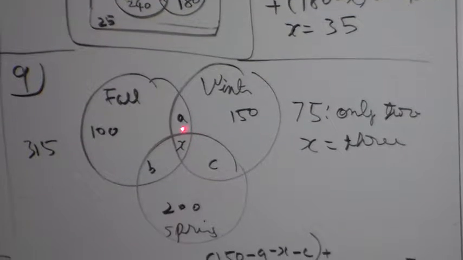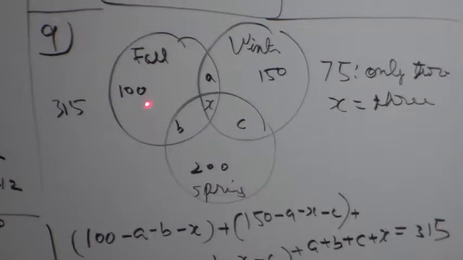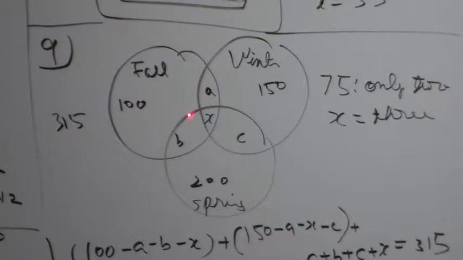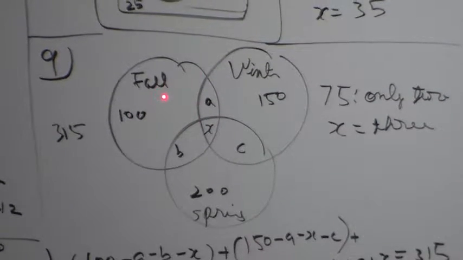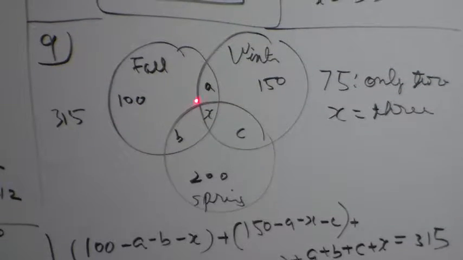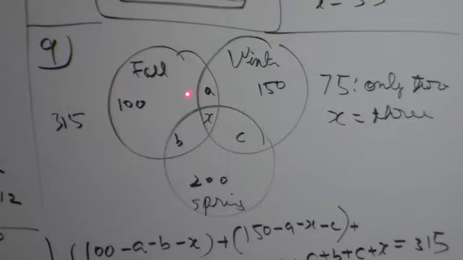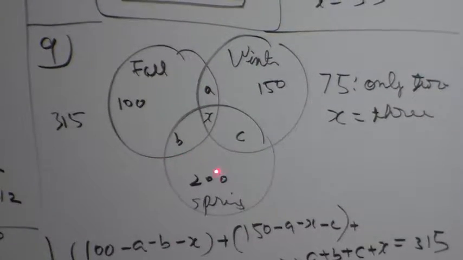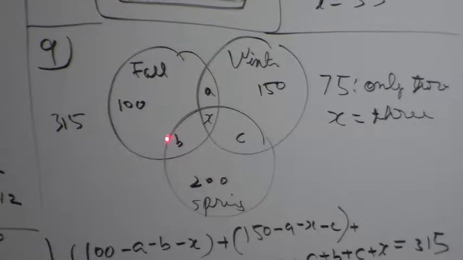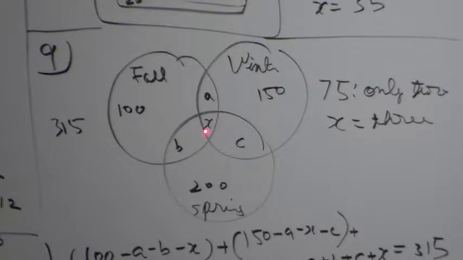So we're going to use an equation. Only fall is 100 minus a, where a is fall and winter. B means fall and spring, and x is the students involved in 3 sports.